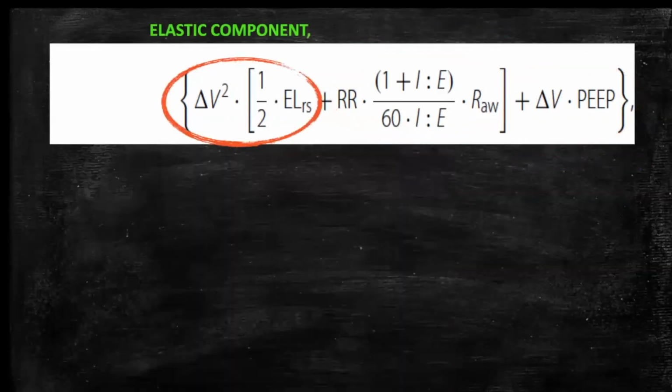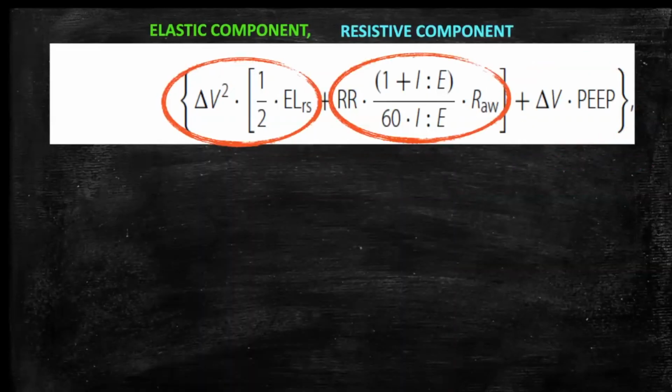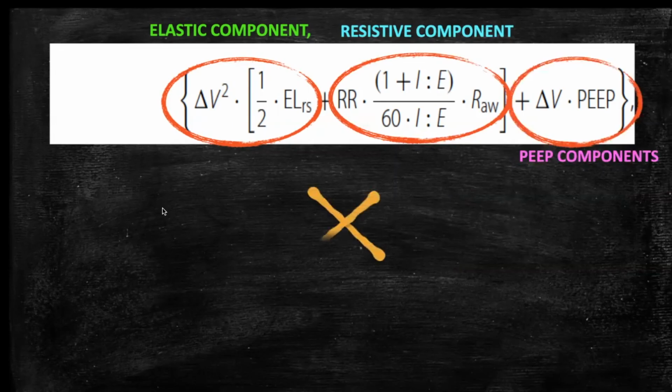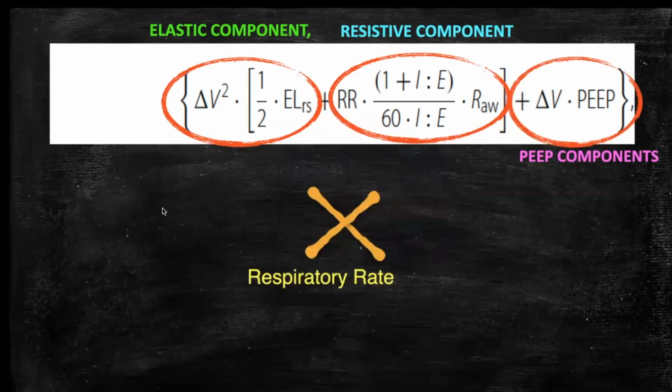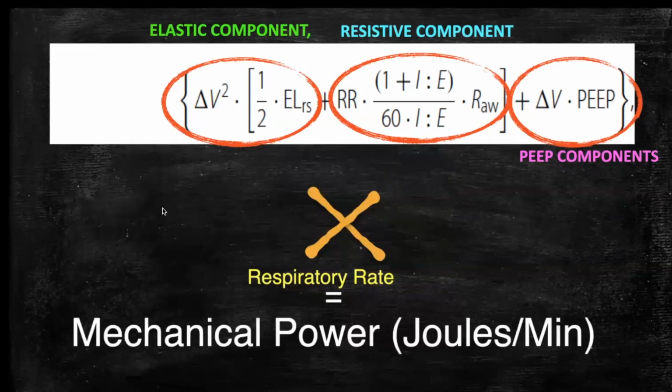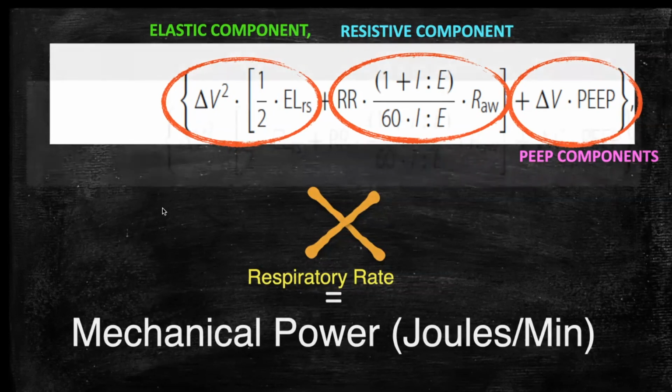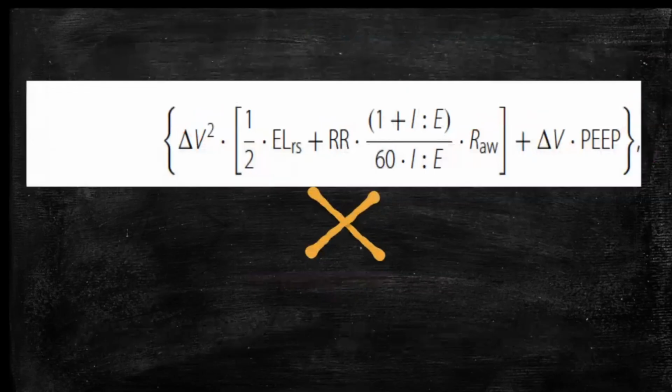So you have the elastic component, the resistive component, and the PEEP component, and when they are all multiplied by respiratory rate, you call it mechanical power in joules per minute. Basically, the area under pressure multiplied by the area under volume, when you multiply by respiratory rate, is your mechanical power, your energy.